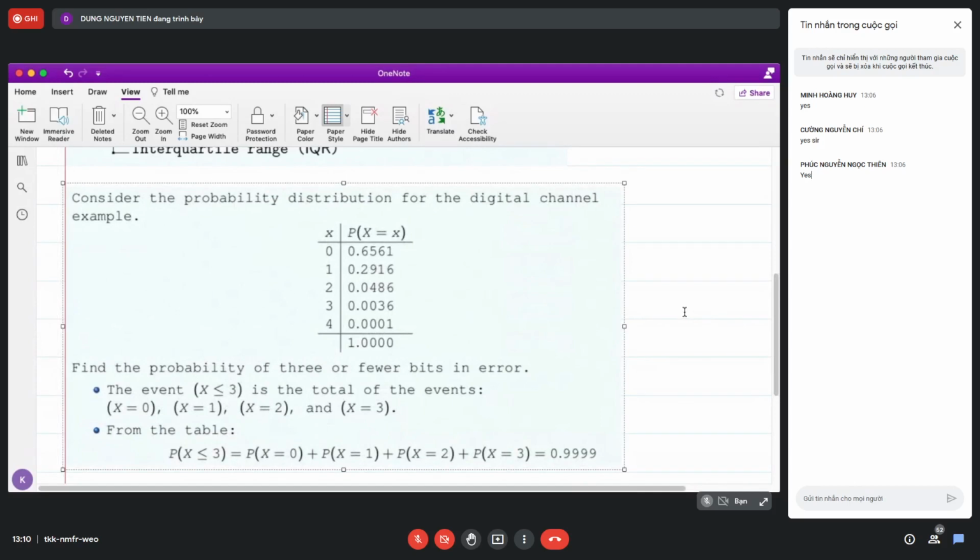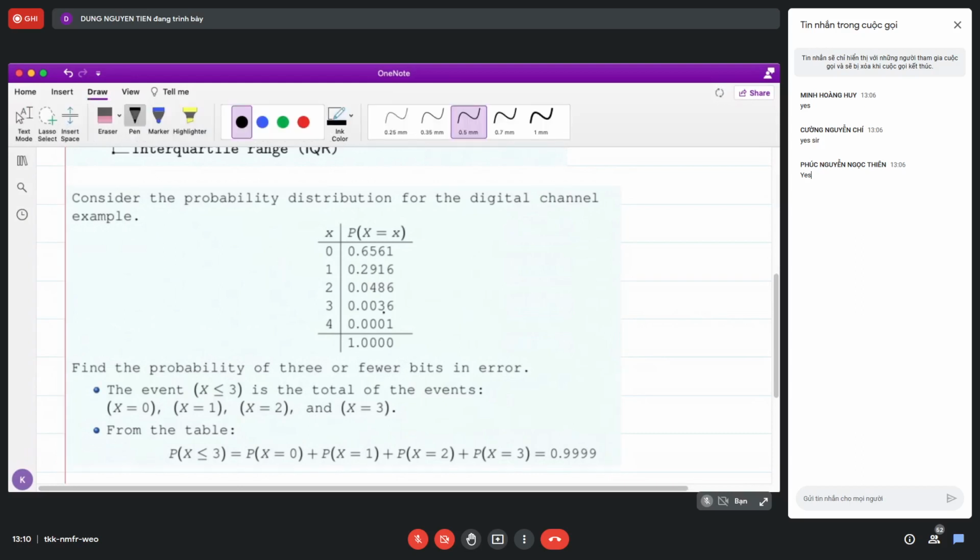Then x could be 0, 1, 2, 3, 4, and suppose that the probability mass function satisfies the following table, and you want to find the probability of 3 or fewer bits in error. Then you should get the probability that x is less than or equal to 3. Then you get the sum of the probability that x equals 0, 1, 2, 3. And that sum is simply the sum of the four numbers here, and you get the value 0.9999, right? And that is the probability that x is less than or equal to 3.